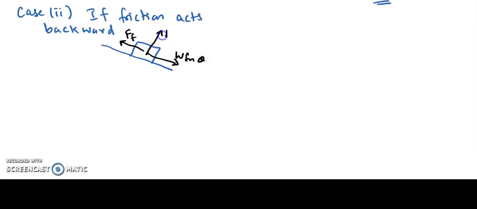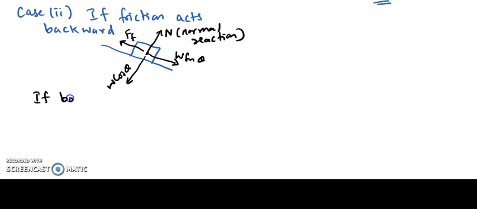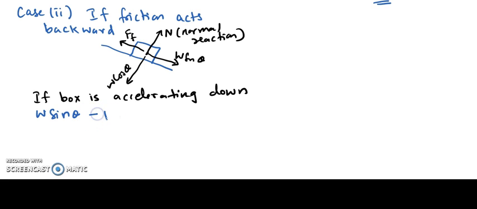This is your normal reaction, and this is your W cos theta. So we can now write, if the box is accelerating down, then W sin theta minus force of friction is equal to ma.